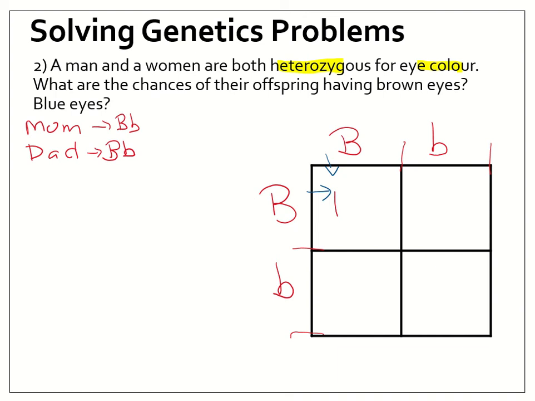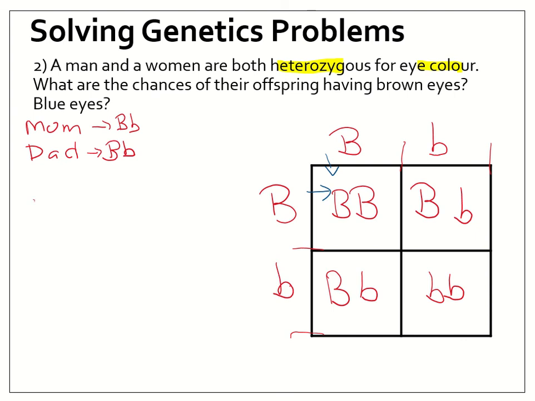So this square is going to have both capital letters. Then we're going to take this B and drop it down here in the lowercase and bring it over. And then you can drop, remember I always said I like to do the uppercase first, but that's just preference. Now the Punnett square is completely filled in.